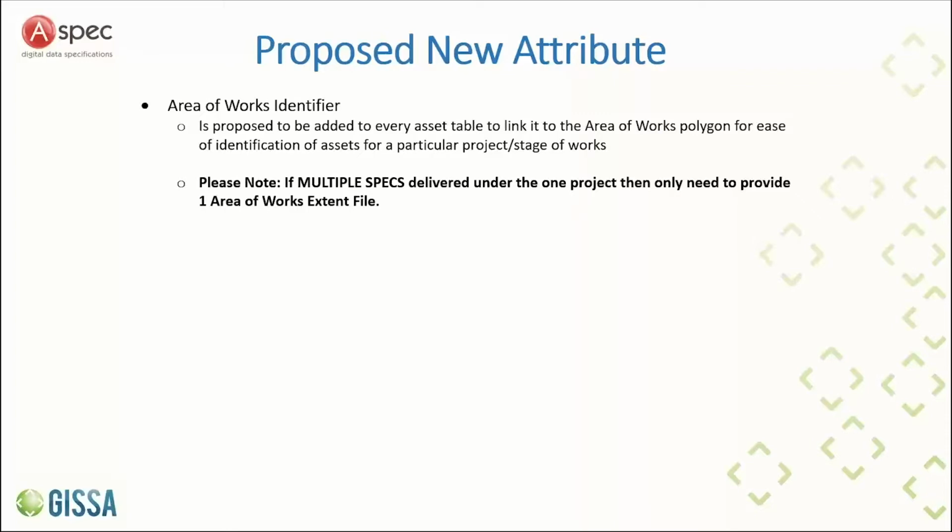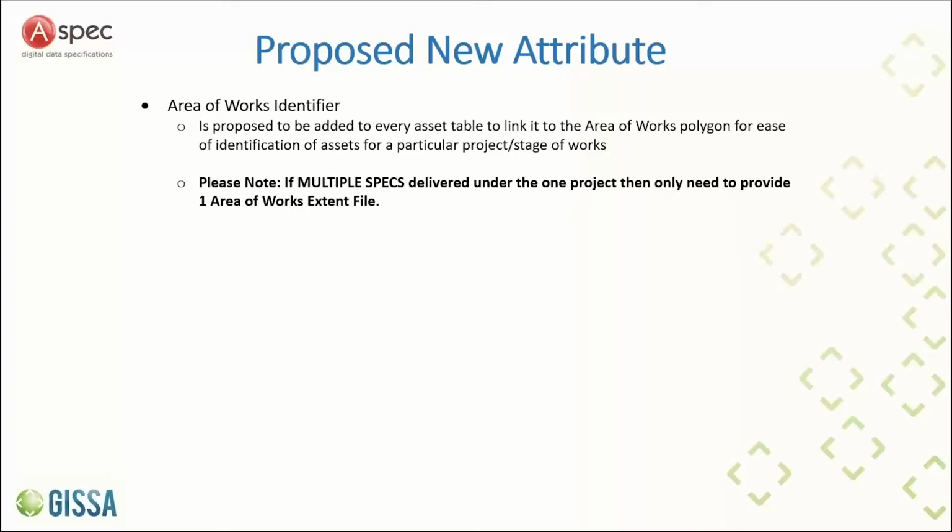Now you'll see that note that I've got there. If multiple specs are delivered under the one project, then you only need to provide one area of works extent file. That is correct. So typically in a subdivision stage, where we'll have roads, potentially open space, certainly stormwater drainage, you don't need to provide an area of works identifier for roads and then an area of works identifier for stormwater drainage.